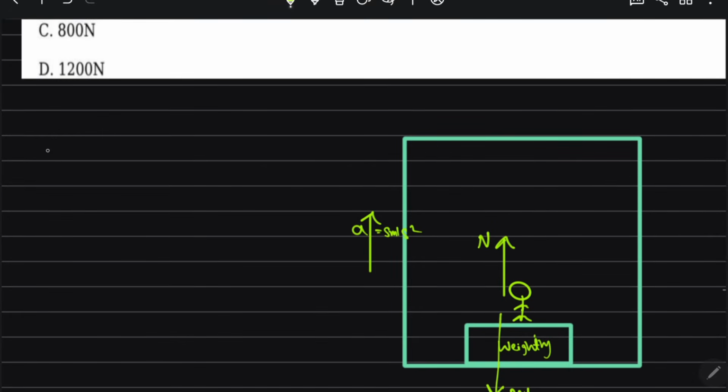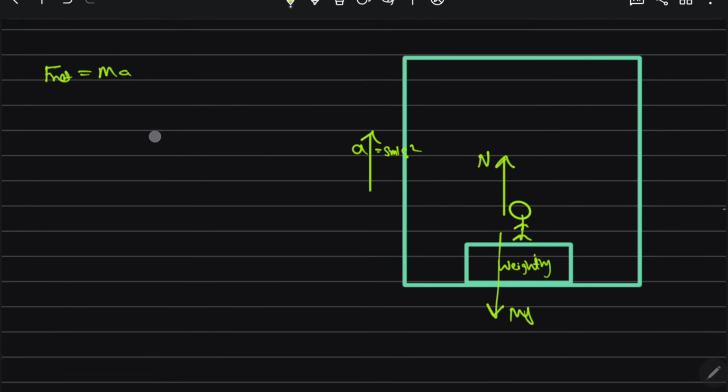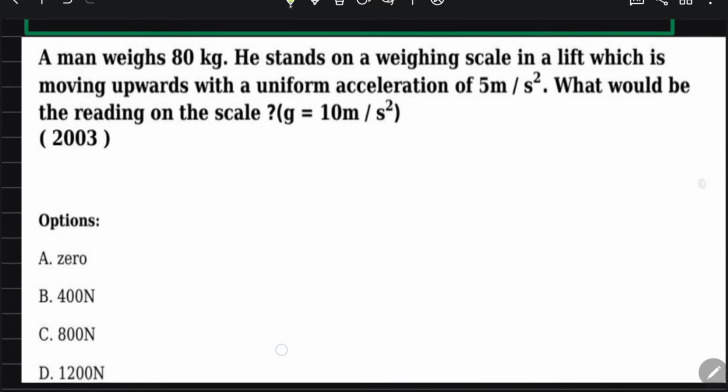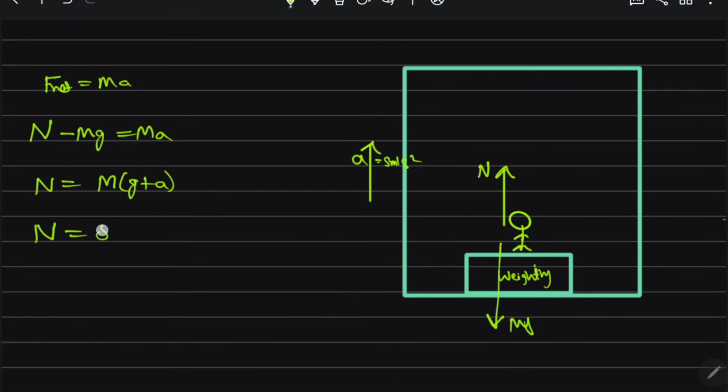So just apply the equation of motion: F net is equal to mass into acceleration. So normal reaction minus mg is equal to ma. So normal reaction is equal to m into g plus a. That is 80 into, g 10 plus a 5, so 80 into 15.